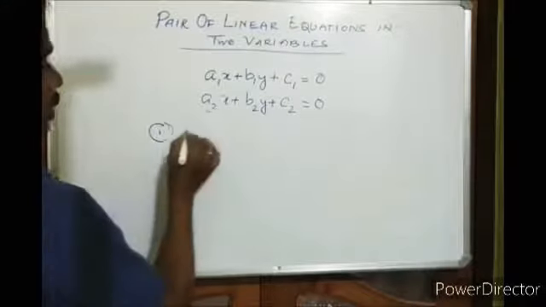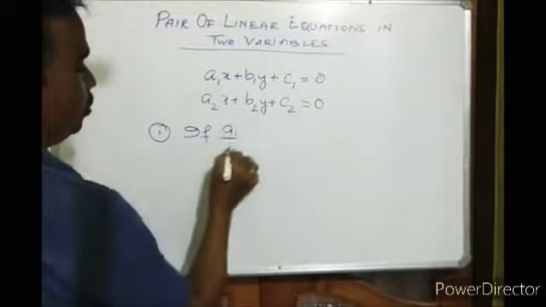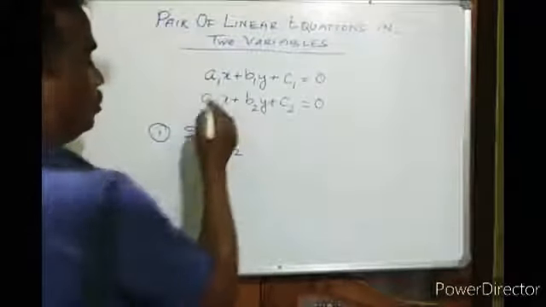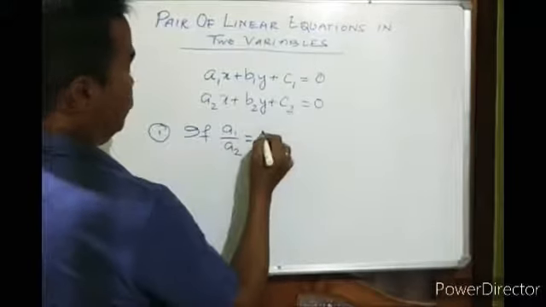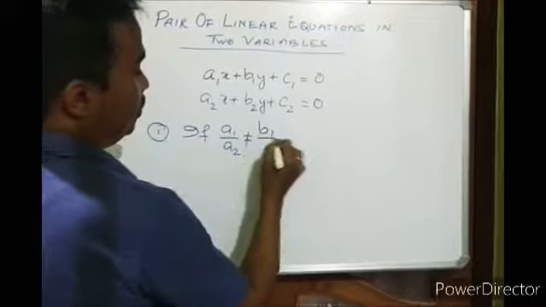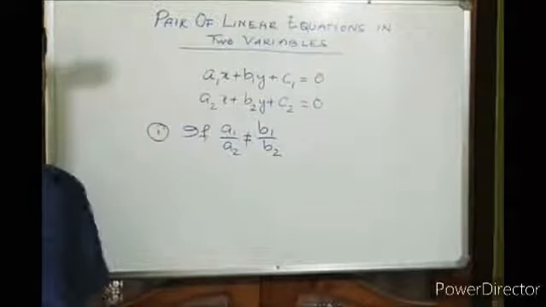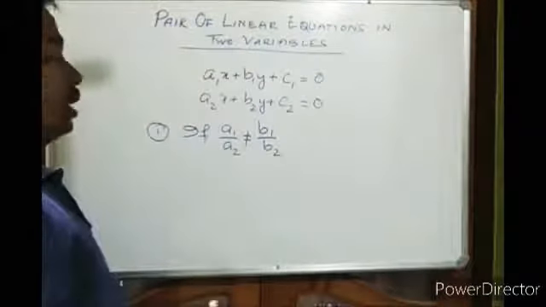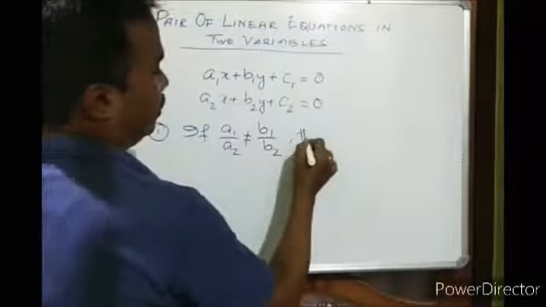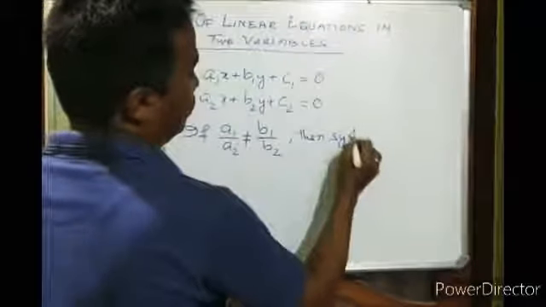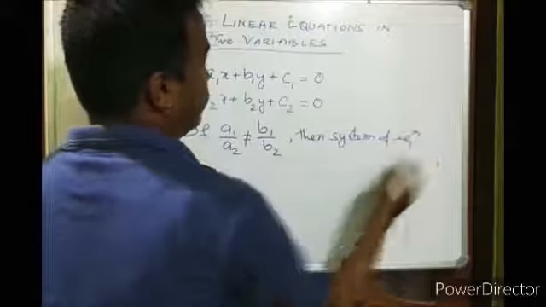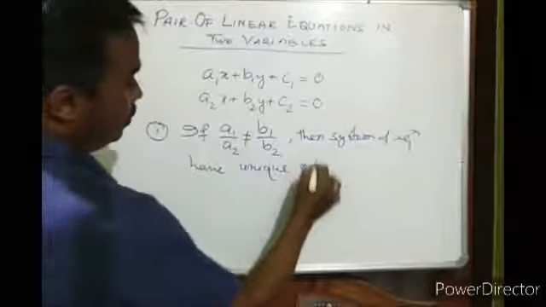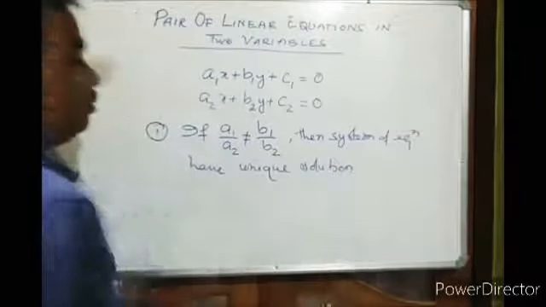Number one, if a1 by a2, that means the coefficient of x in the first equation divided by the coefficient of x in the second equation, is not equal to b1 by b2, that means the ratio of a1 and a2 is not equal to the ratio of b1 and b2, then the system of equations has a unique solution.